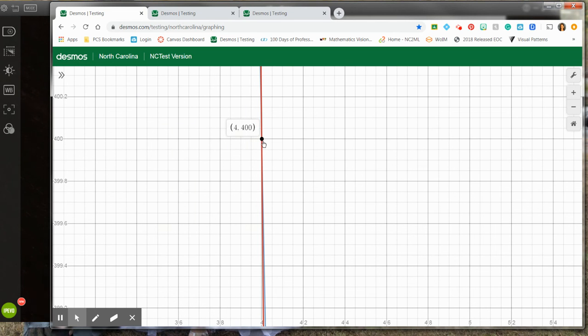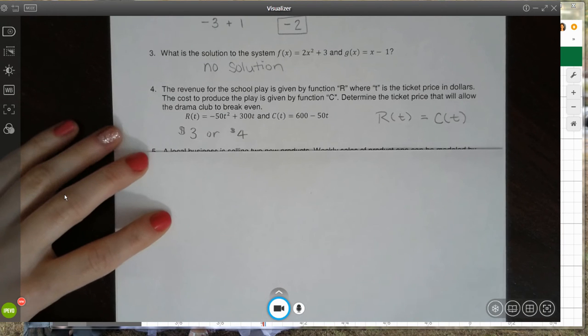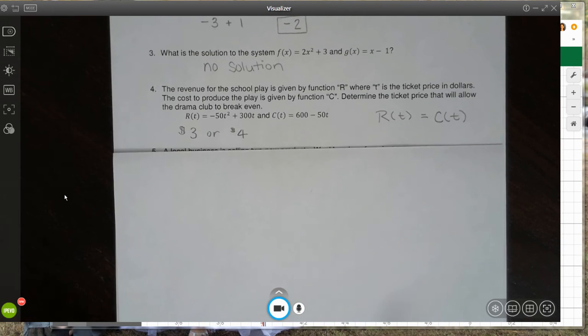You don't have to be perfect with your clicking. So I could charge $3 or $4, and these 2 equations would end up being equal. The amount of money that comes in for my revenue would be the same amount of money that I would spend as my cost. So $3 or $4 would allow us to break even.